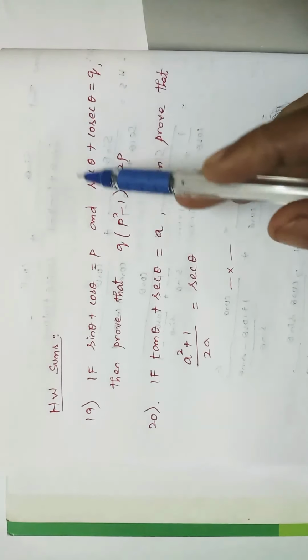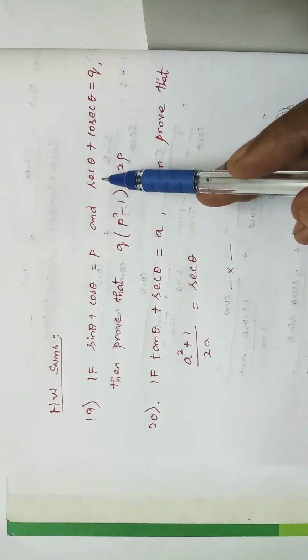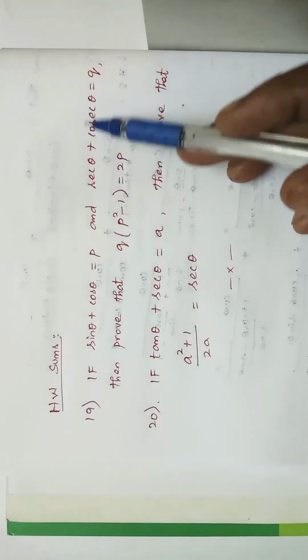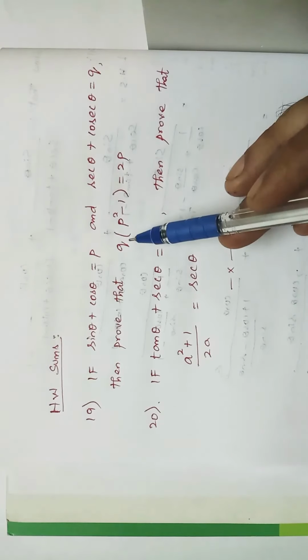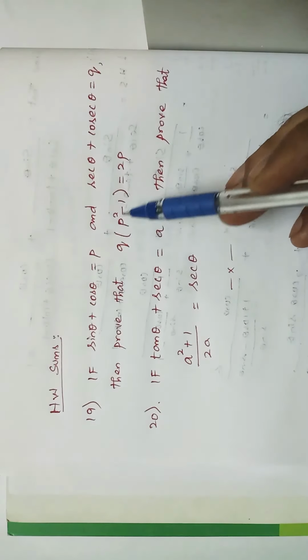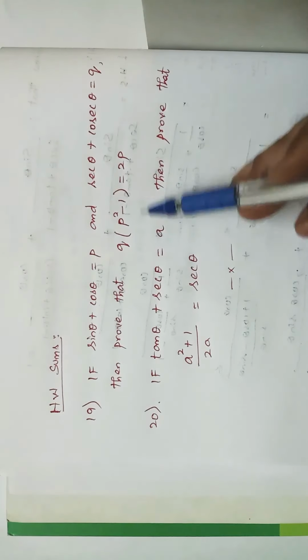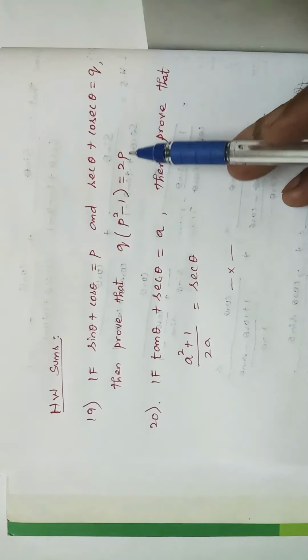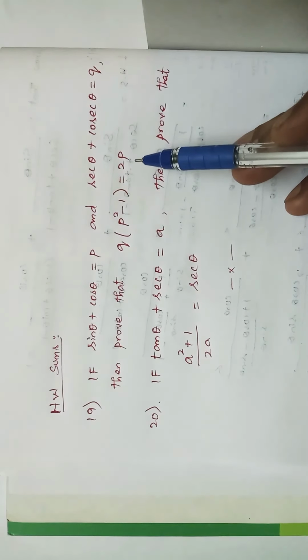It is better to convert Q in terms of sin and cos, it will be very easy. Then you can take the LHS. Now we know the value of Q and the value of P. Just substitute and simplify, we'll get the LHS, and then multiplying by 2, we'll get the RHS.